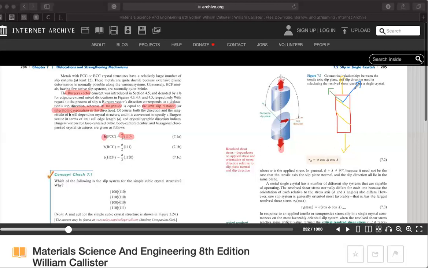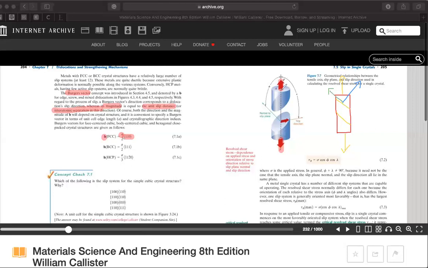That means even if you are applying pure tensile stress from outside, that tensile stress will be translated into shear stress on planes, and the magnitude of that shear stress will depend on the angle, the orientation of that plane.